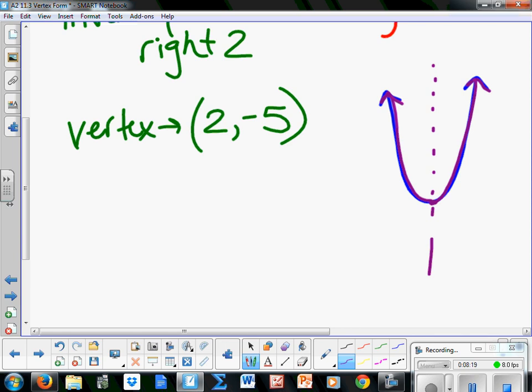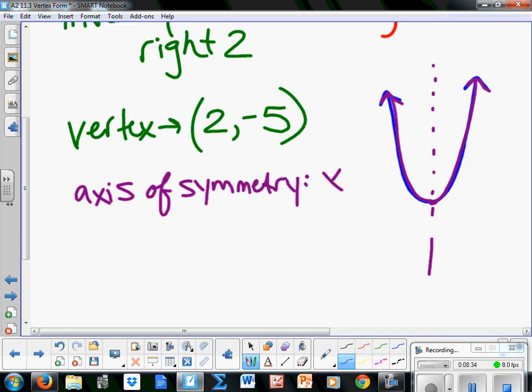It's a vertical line, which means the equation for the line is going to be an x equals equation. In this case, x equals 2. So our axis of symmetry is x equals 2.